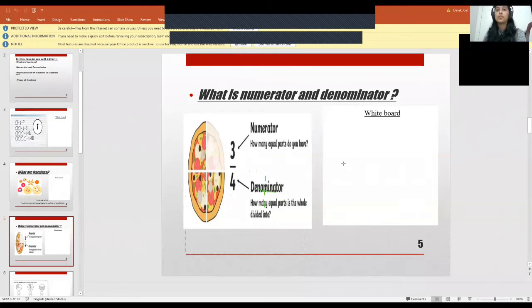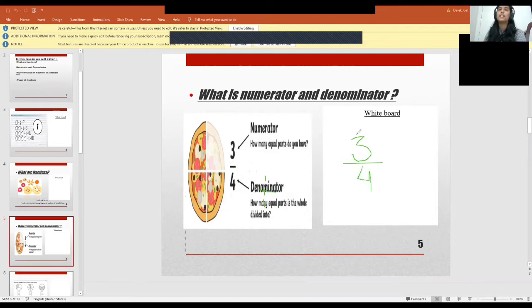First step, draw a line. Usually your notebook will have lines, so it's much simpler. Now let's take this number: we write 3 above the line and 4 below the line.